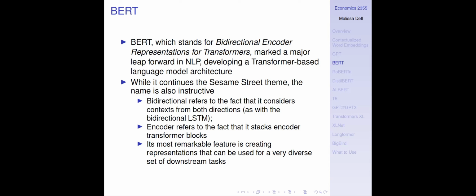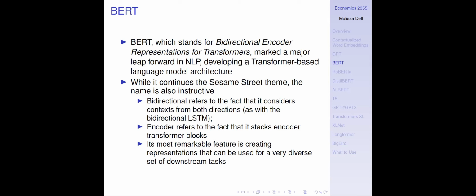It's bidirectional in that it considers context from both directions, like with ELMO and the bidirectional LSTM. Encoder refers to the fact that it stacks the encoder blocks from the transformer. And its most remarkable feature is creating representations that can be used for a very diverse set of downstream tasks.